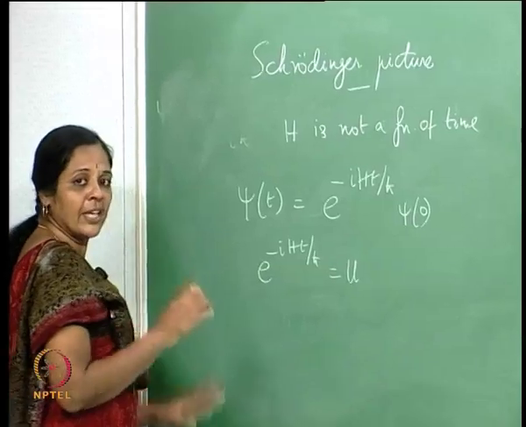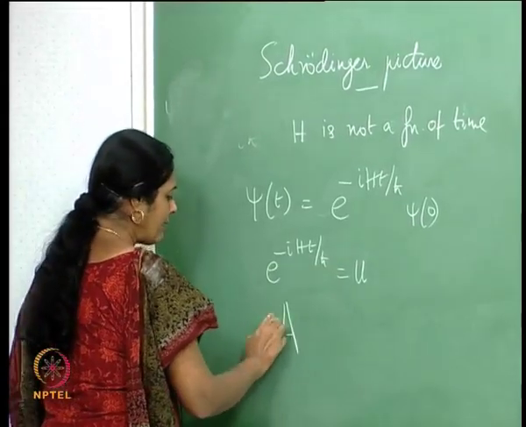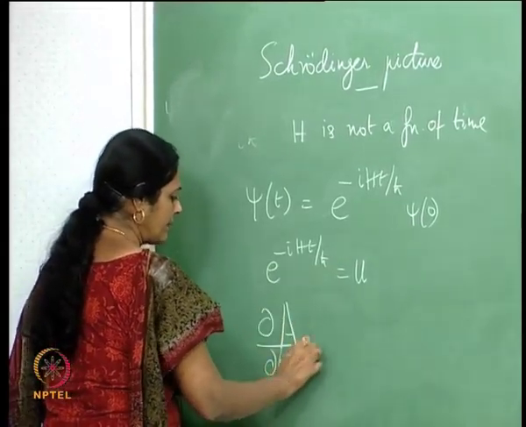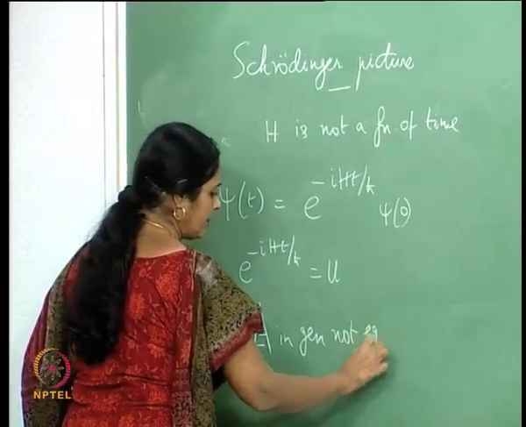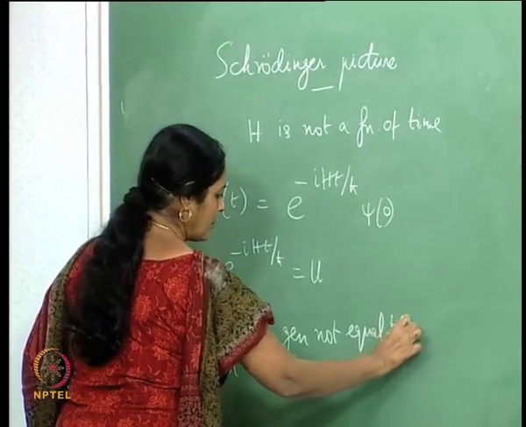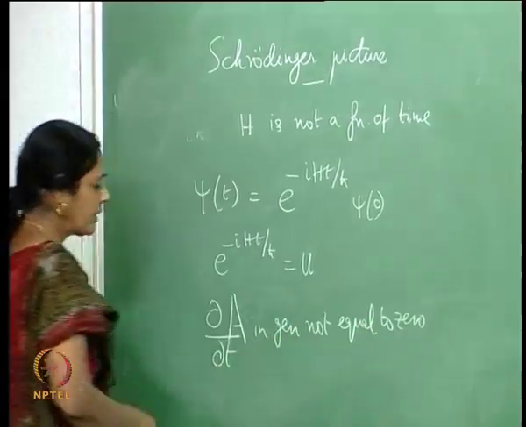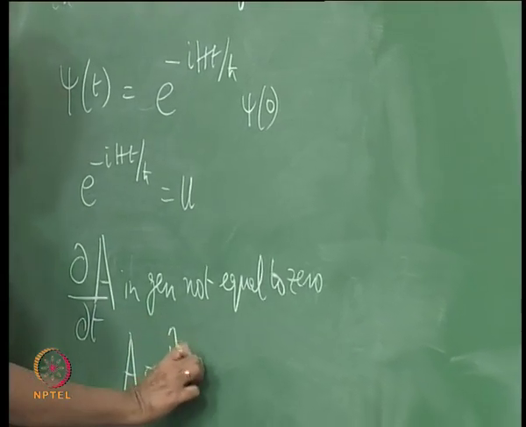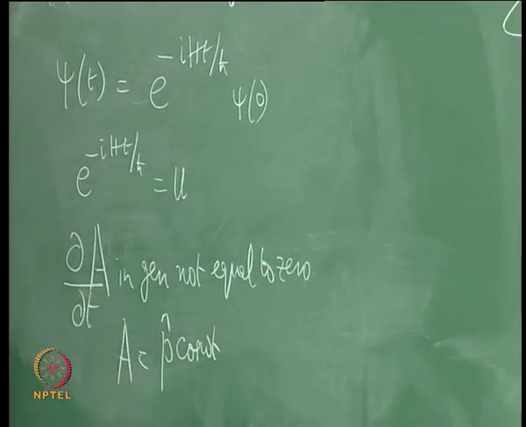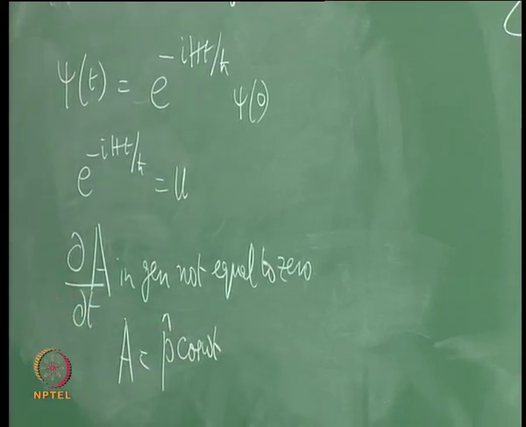A itself, any operator A, can have explicit time dependence. I gave an example, could be A cos omega t or P cos omega t. All this is possible, where P is a linear momentum.